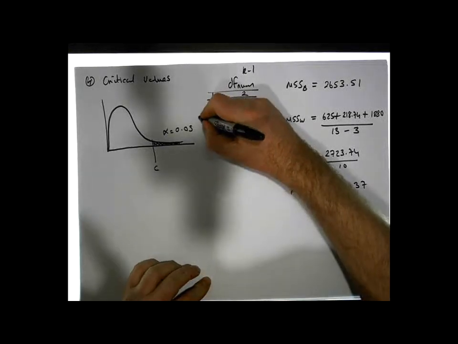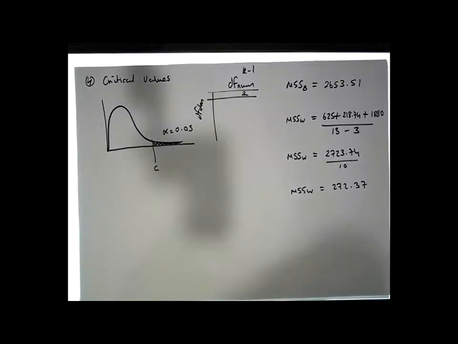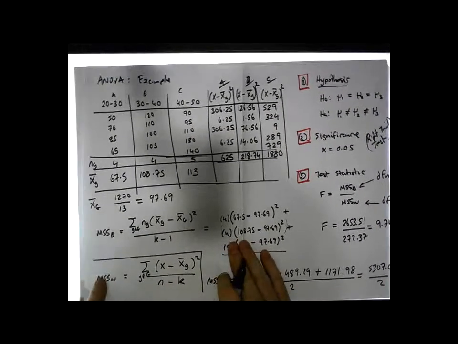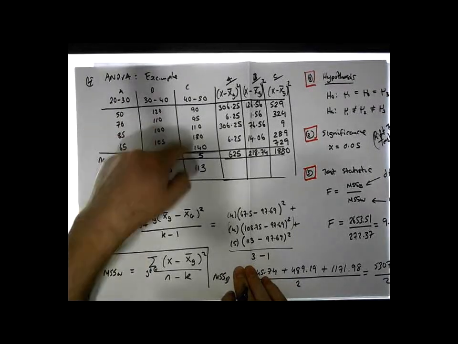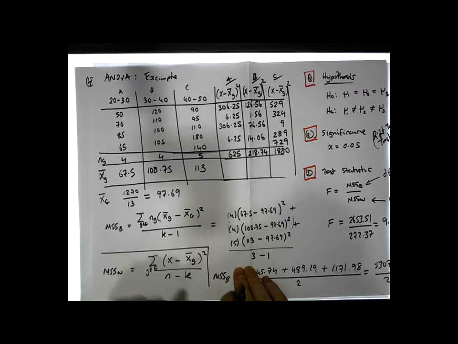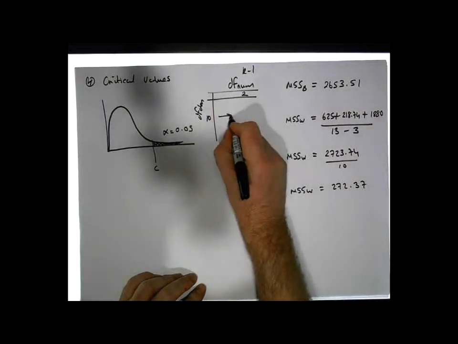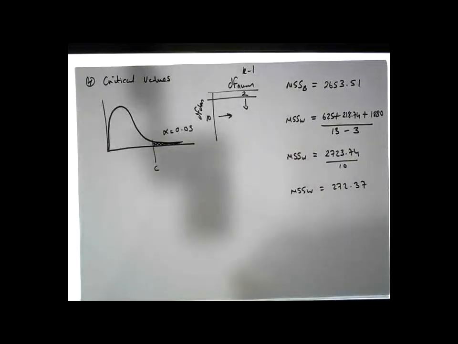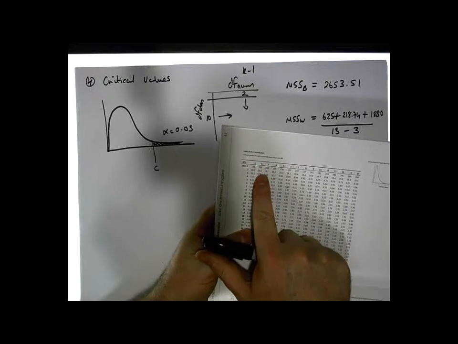The degrees of freedom in the denominator: the denominator was our within measure for our test statistic. The within measure has n minus k. It's the total number of observations, which we said is 13, minus k, which is 3 groups. 13 minus 3 gives us 10. So we're 10 here now. What we're going to do is triangulate in on those tables, under the column 2 and down to the row 10.